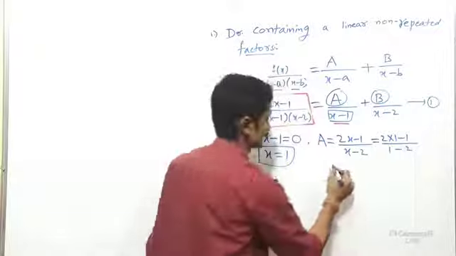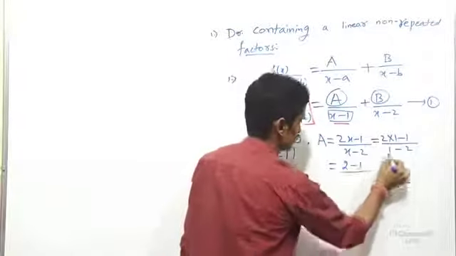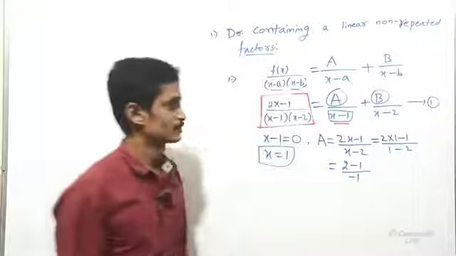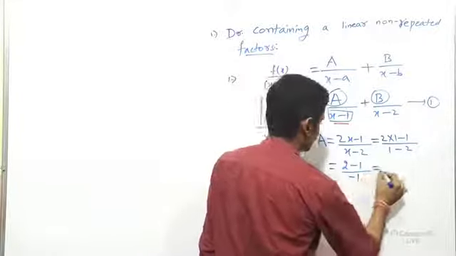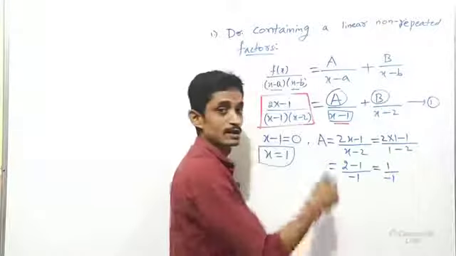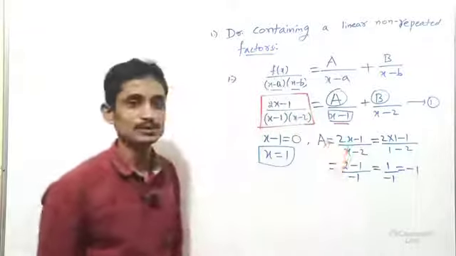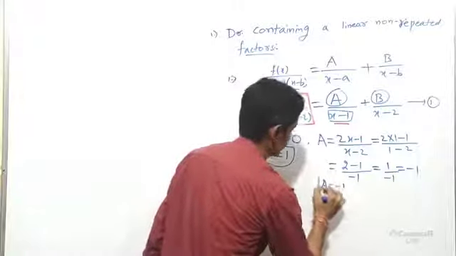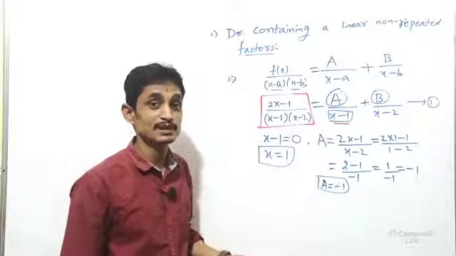Just simplify. 2 into 1 is 2, minus 1. The denominator 1 minus 2 would be minus 1. After that, 2 minus 1 is 1 divided by minus 1, which is minus 1. So the value of A will be minus 1.